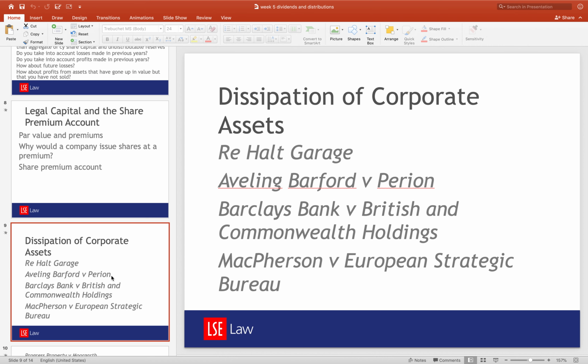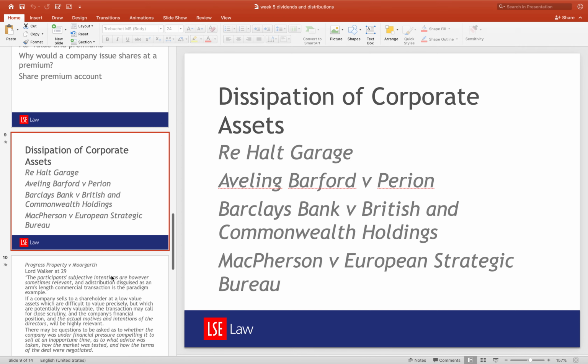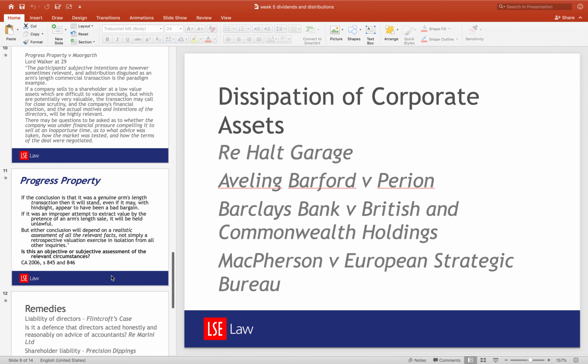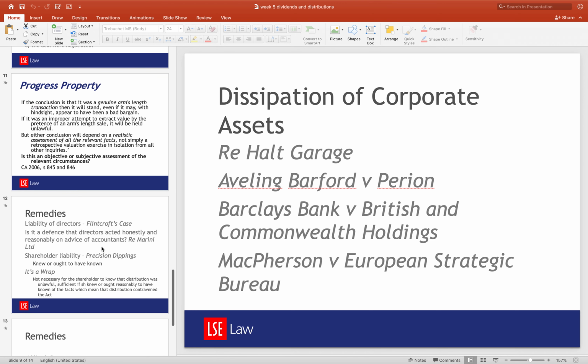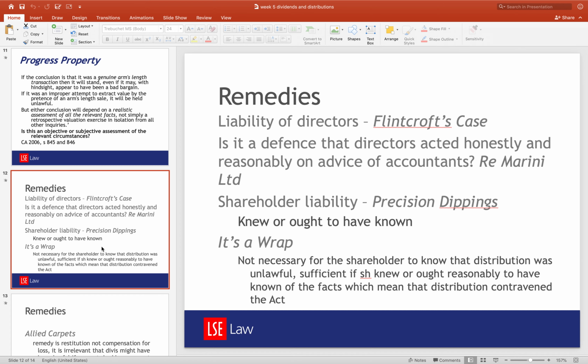And then we spoke about rules that try to prevent circumvention of the distribution rules. Those are the rules on prohibiting dissipation of corporate assets, and we looked at them in some detail. And then we talked about remedies, so when companies can claw back distributions, either from the directors or then from the shareholders.